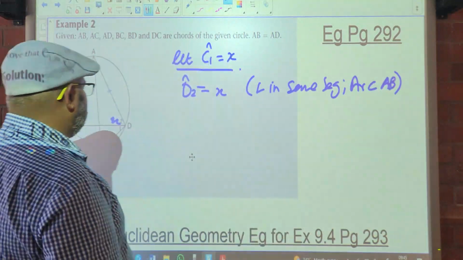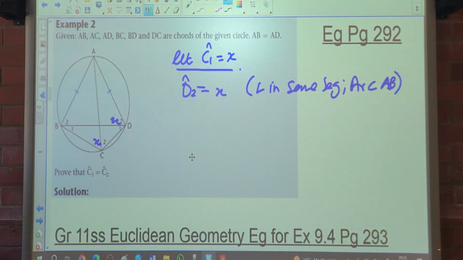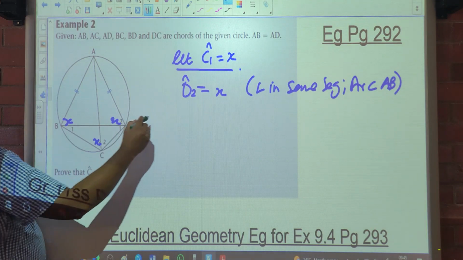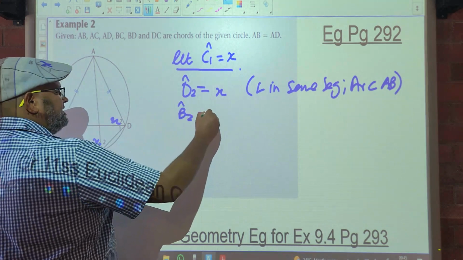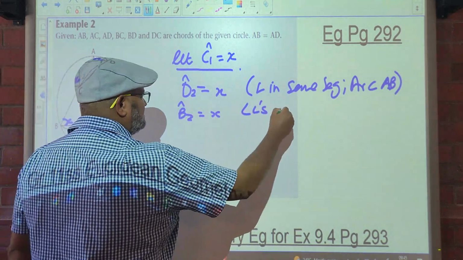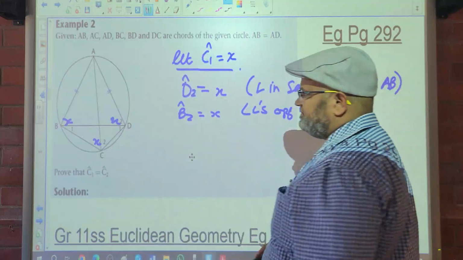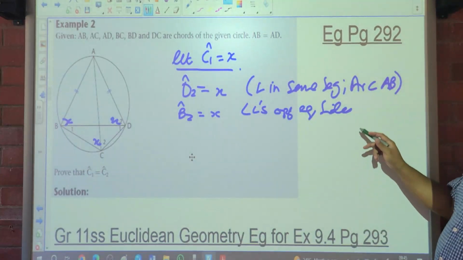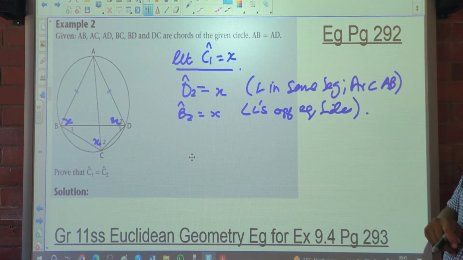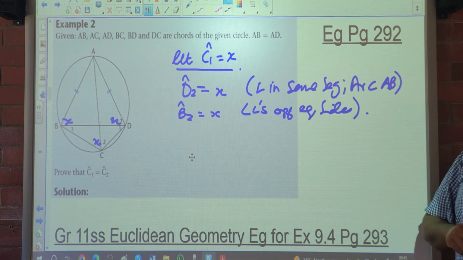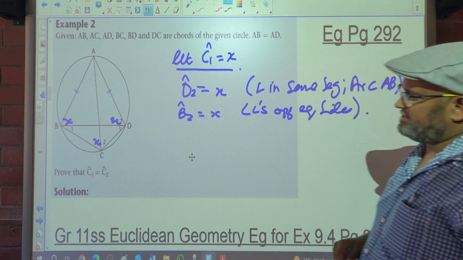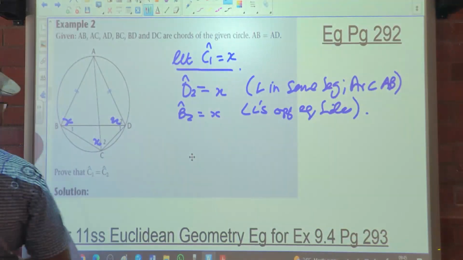Right, now which angle is equal to D2? B2. Why is B2 x? Angles opposite equal sides. Good. Right, now which other angle is equal to x? C2. Why?